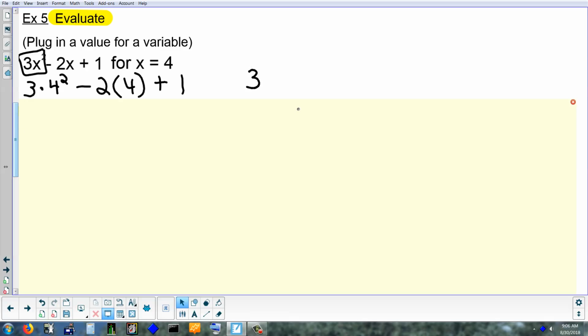Everything else I'm going to write out. So I'm going to put 3, put my dot, 16 minus 2 times 4 plus 1. Miguel, now what? 3 times 16, right? Again, I got double multiplication.